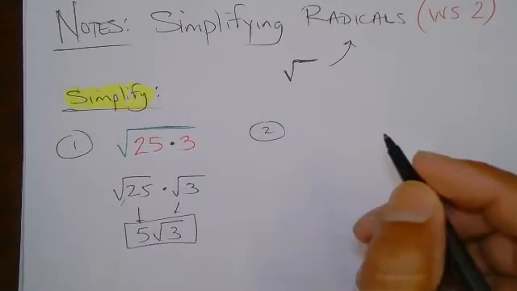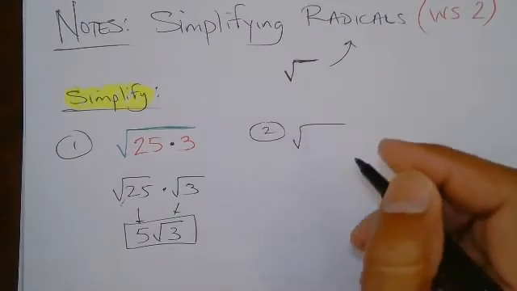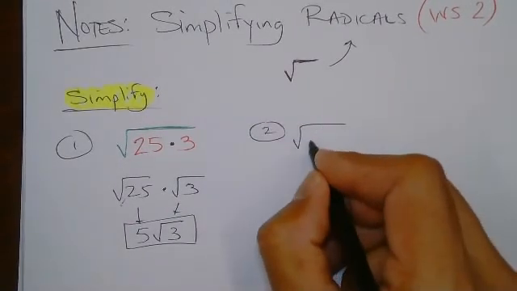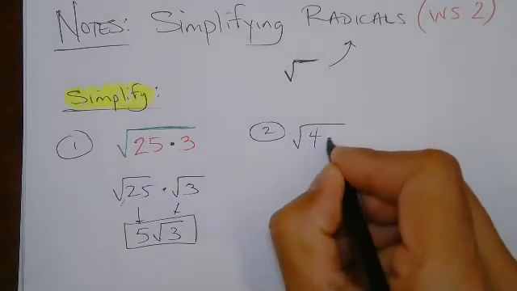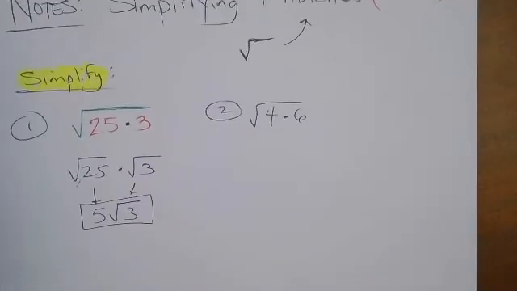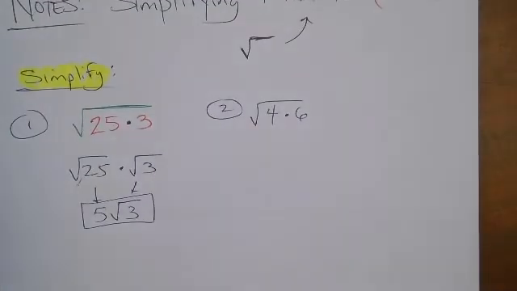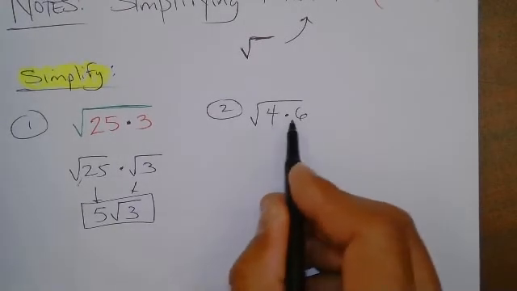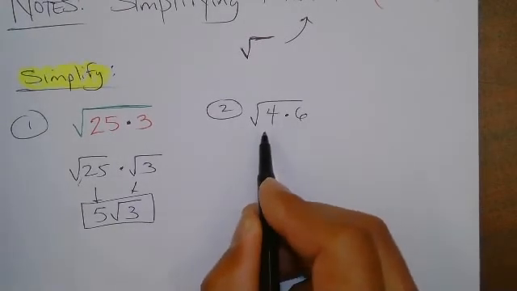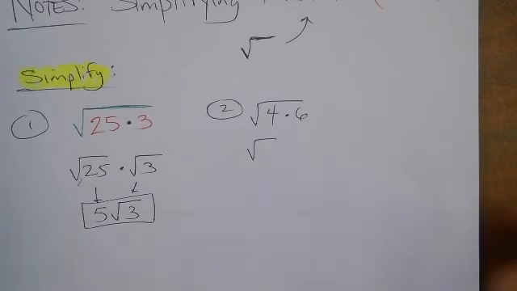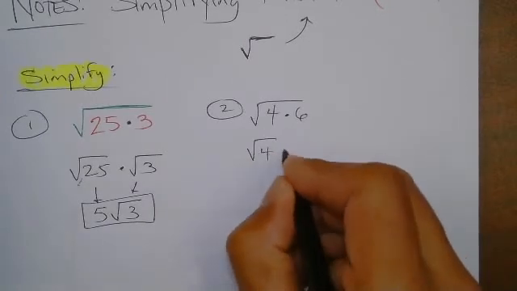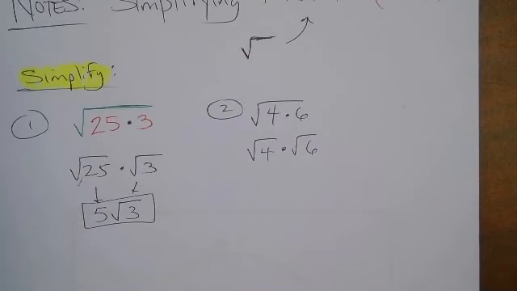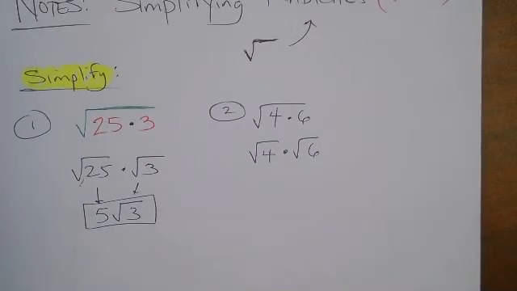Okay, let's do number 2. What if I have the square root of 4 times 6? I have a product of two numbers, and one of them is a perfect square. Which one is it? We want to write that one in the front: the square root of 4 times the square root of 6.